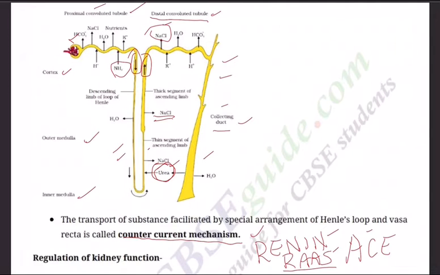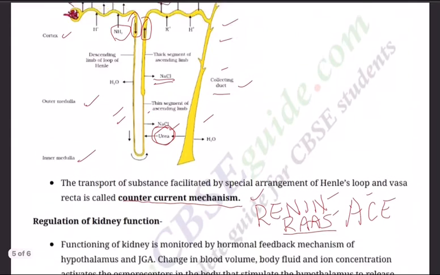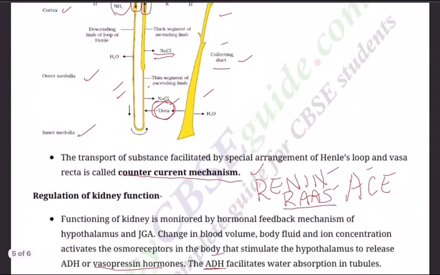This movement of materials helps the urine with the interstitial fluids to maintain osmoregularity. Based on that, urine can be hypertonic or hypotonic depending upon the concentration gradient. This movement of materials in both directions, one downward, one upward, is the countercurrent mechanism.